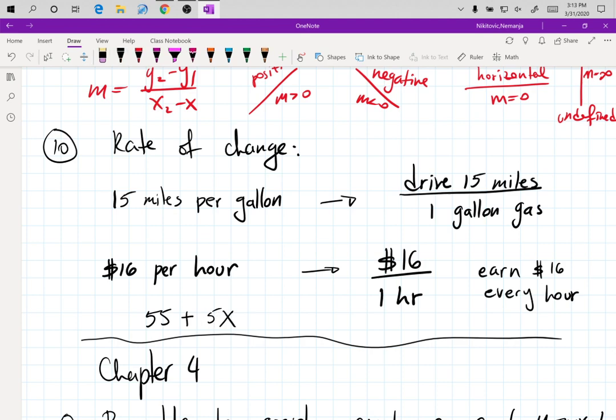If you write y equals 5x plus 55, you can figure out how much money you can make per day. If you are making $5 per hour in tips, plus $55 once a day. So that's a fixed 55 every day, and then 5 per hour. So it's a linear equation.